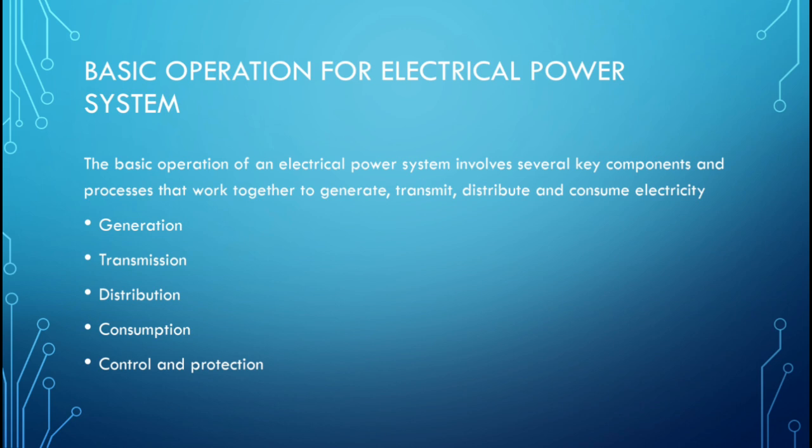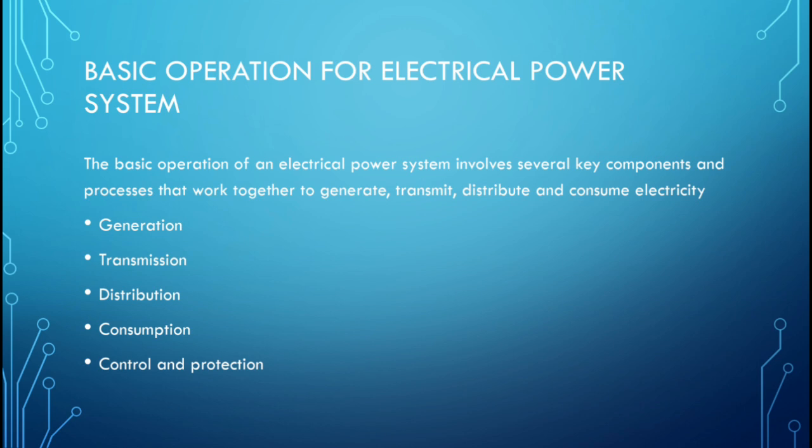For generation, examples are power plants, generators, and renewable energy systems. Next, transmission. Examples for transmission are high voltage transmission lines, substations, and grid management. Then, distribution. Examples for distribution are distribution lines, distribution transformers, and distribution networks.